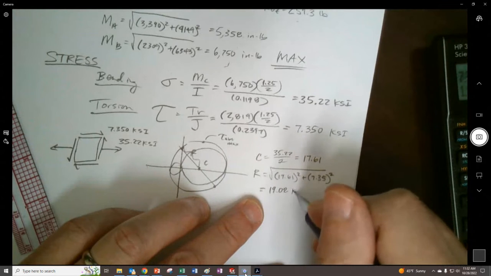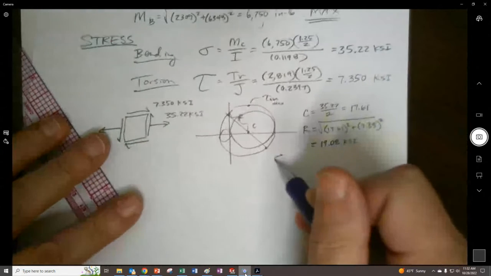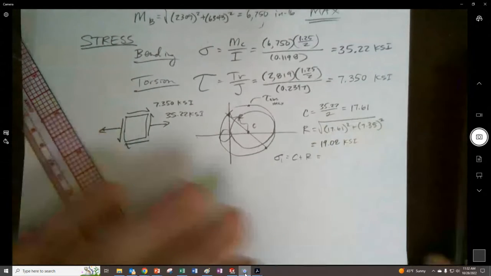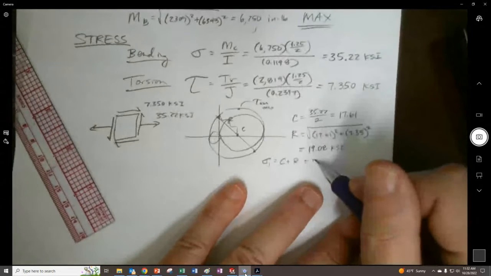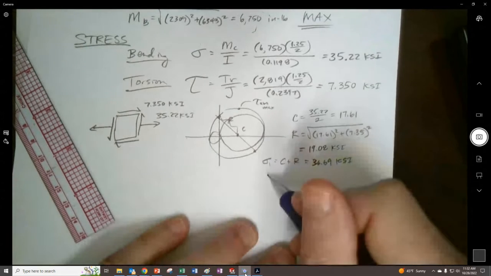You can almost not even bother with the other parts because you don't really need them, but it doesn't hurt to add them together. And we find that that's 36.69 KSI. Principal stress 1.